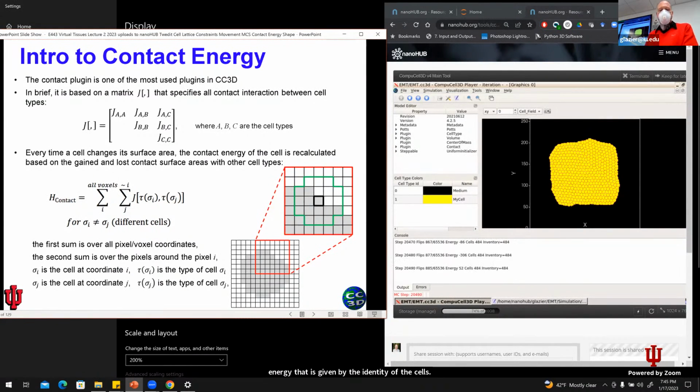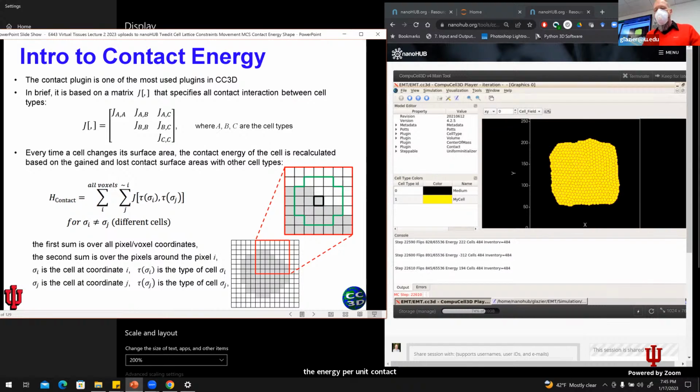Then we sum that up. You can think about this as a surface energy. If I have a cell that's by itself and it has some surface energy per unit area, there's an energy of contact between the cell and the medium, then the total surface energy of the cell is just the contact area of the cell with the medium times the energy per unit contact area.